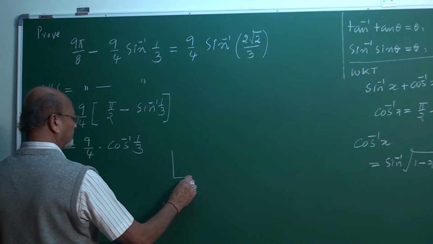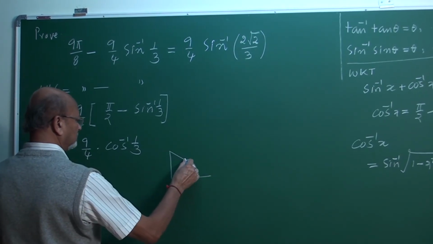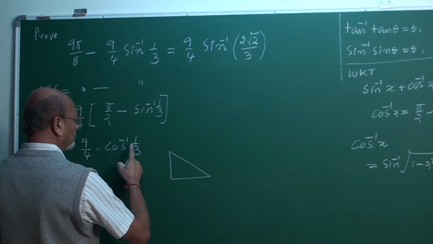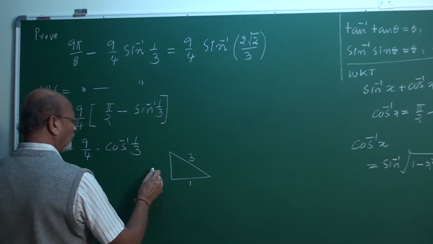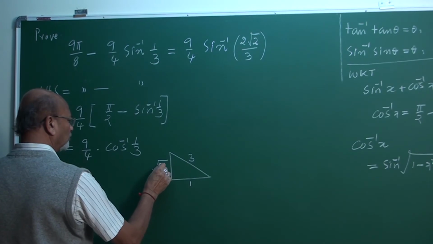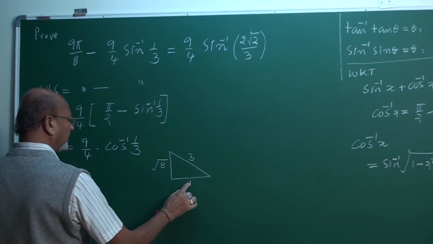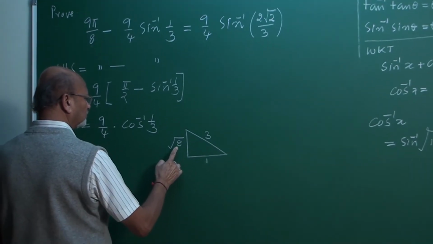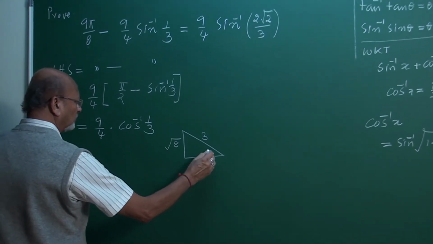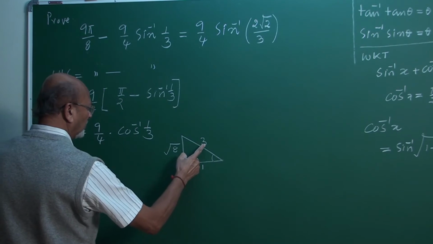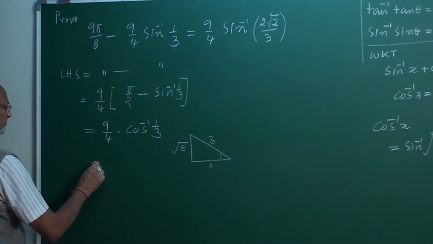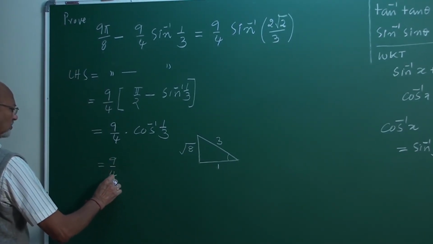This is your triangle. Cos means adjacent side, hypotenuse. What is this? This is root of 9 minus 1. 9 minus 1 is root 8. You can convert now. This angle, opposite upon hypotenuse.